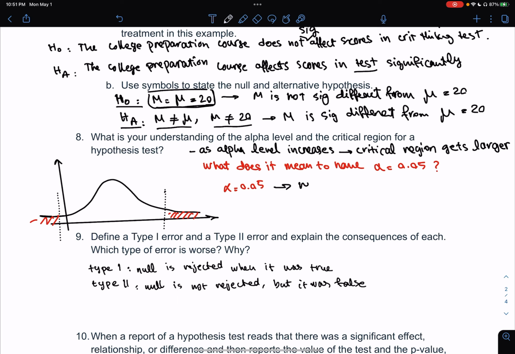This means that the red area includes 5% of the samples.